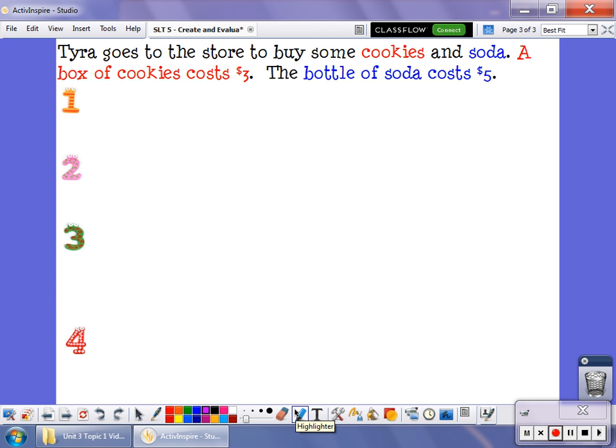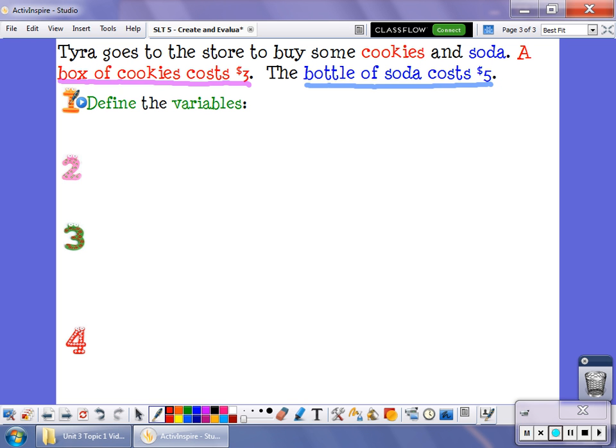So Tyra goes to the store to buy some cookies and some soda. One box of cookies costs $3, and a bottle of soda costs $5. I want to write a problem that will tell me how much money Tyra spends at the store. So again, the first thing that I'm going to do is define my variables. I know she buys cookies, but I don't know how many boxes of cookies she buys.